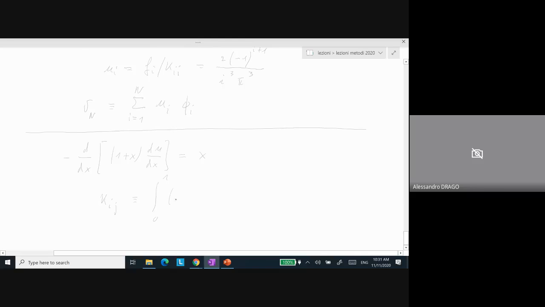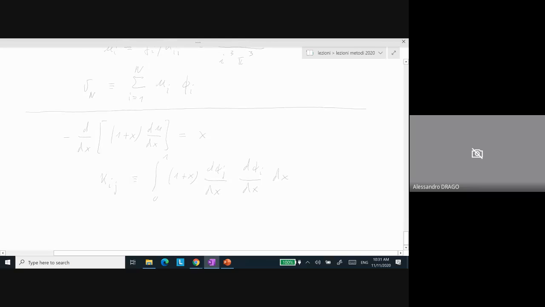So essentially the integral is 1 plus x, and what I have here is again something as d phi j over dx, d phi i over dx, integrated dx. So the integral is still very easy to do, because of course these are again the two cosinus. I just have to integrate cosinus 1 plus x. This can be done numerically.